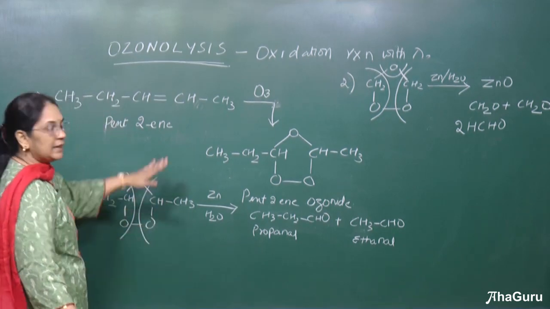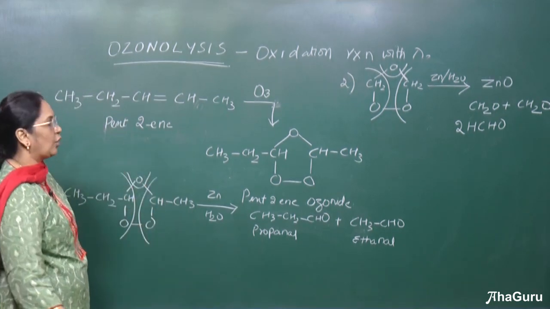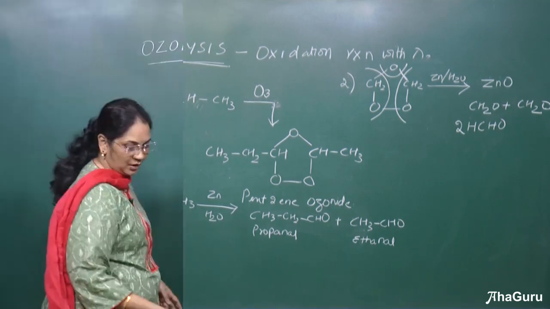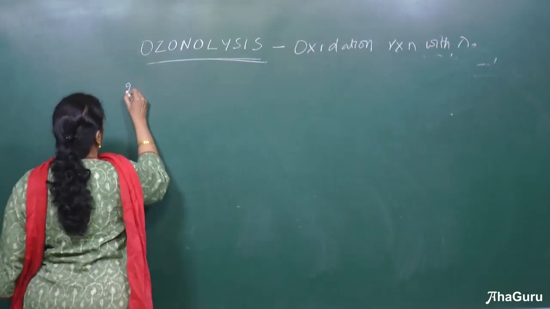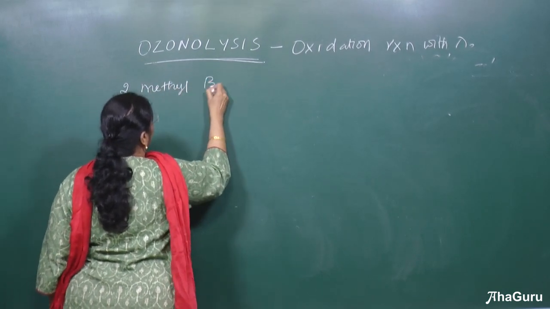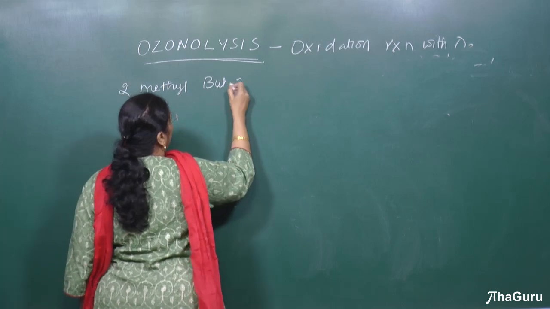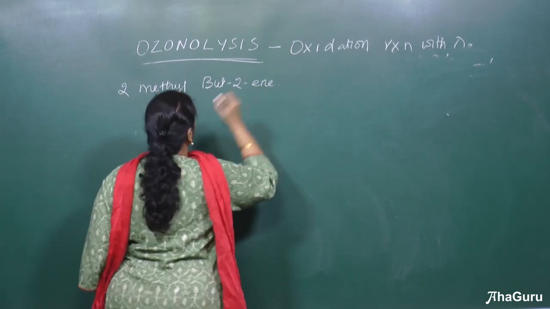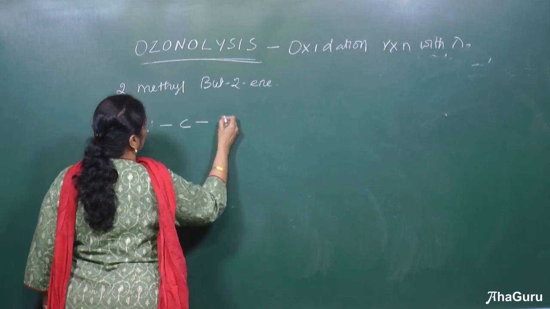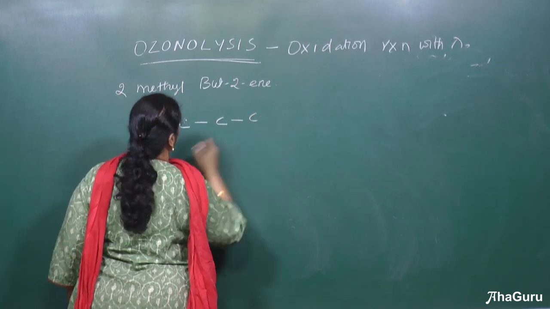So, now this is not the only product; we can also get ketones. So, I will take another example. Let me take 2-methylbut-2-ene. How do I write this structure? 1, 2, 3, 4.